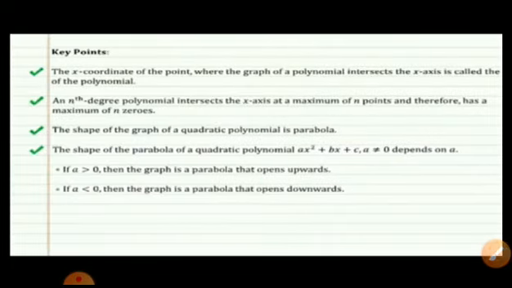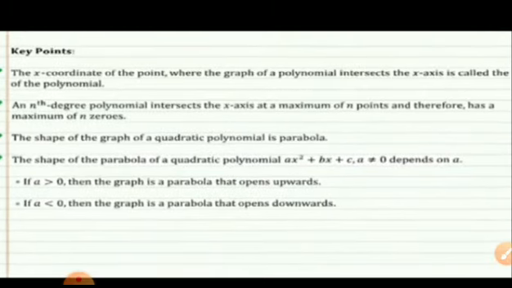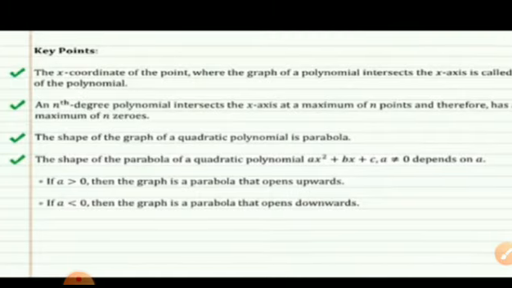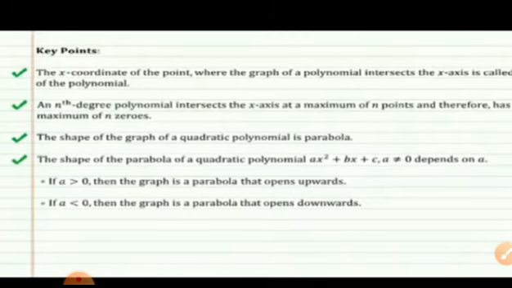So what we have studied in this video is that the x-coordinate of the point where the graph of a polynomial intersects the x-axis is called the zero of the polynomial. Then an nth degree polynomial intersects the x-axis at a maximum of n points.